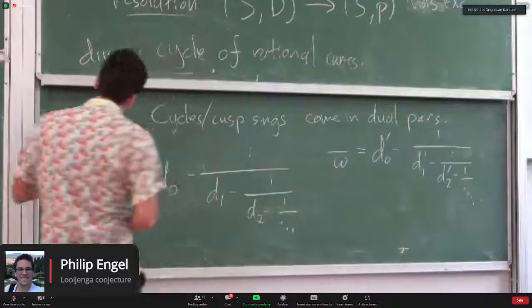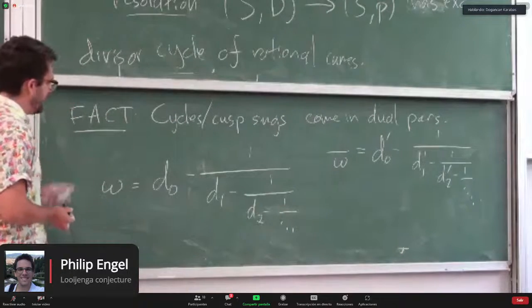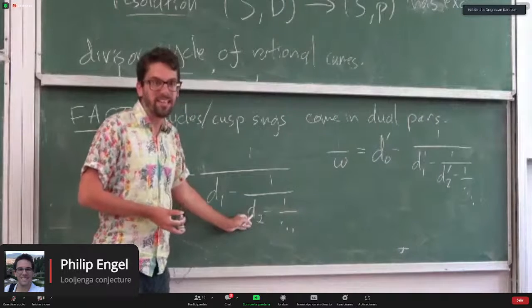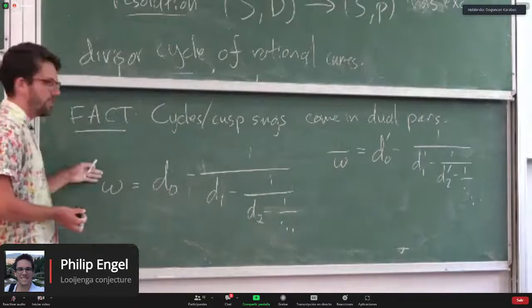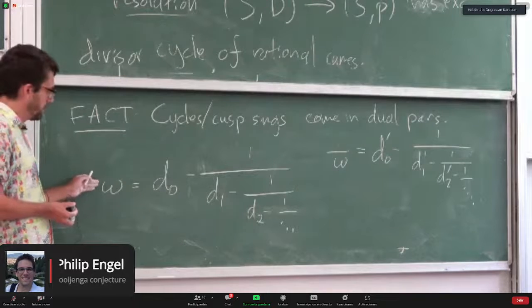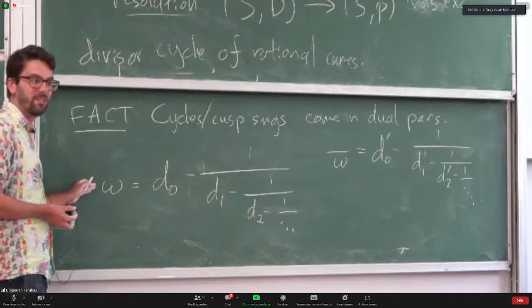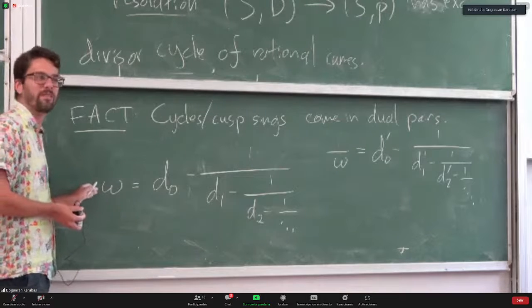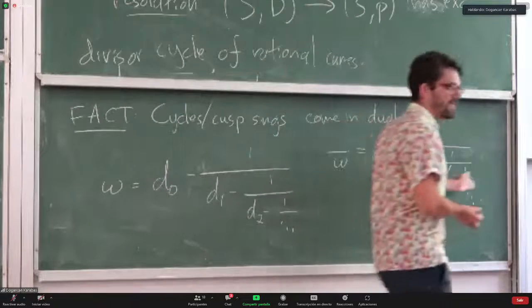Maybe another fun thing to check is that if something has an infinite periodic continued fraction, then it is a quadratic irrational. So it's the solution of some quadratic polynomial with integer coefficients. And the converse is also true. So if you have a quadratic irrational, then it has such an expansion.